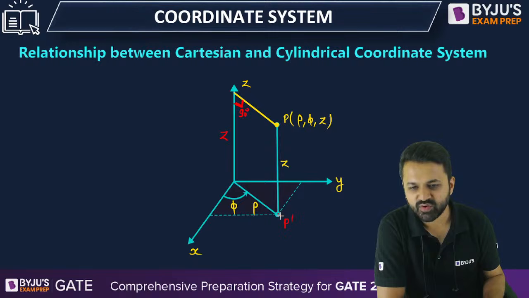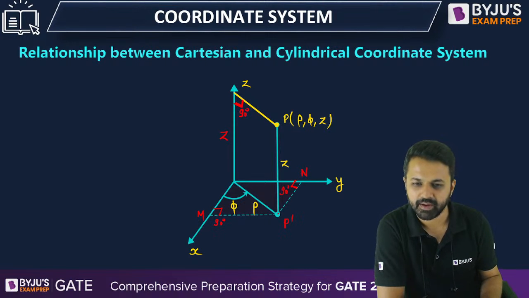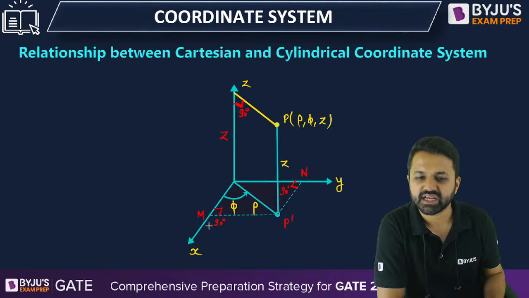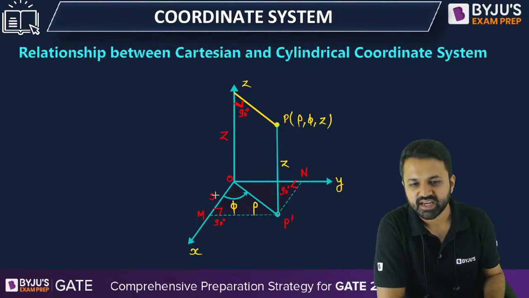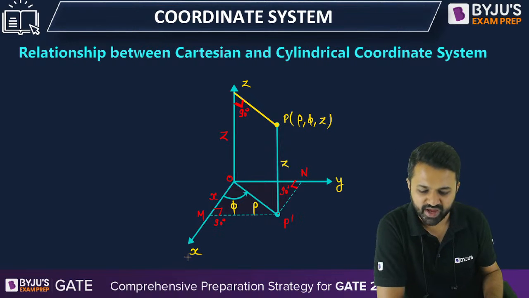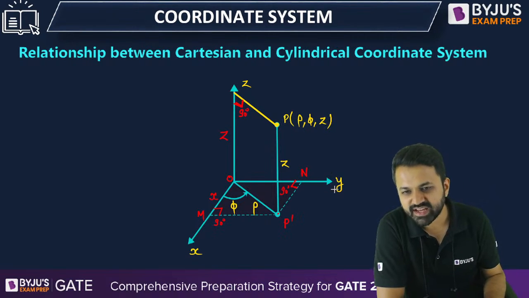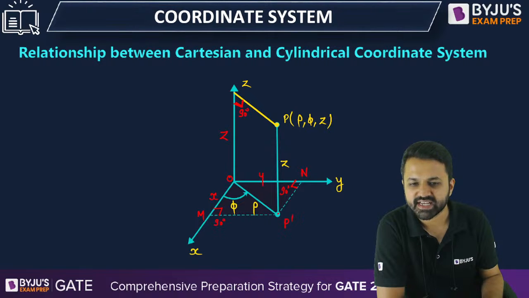Then we draw the perpendicular line to the y-axis and call it N, and we also draw the perpendicular line from point P dash to the x-axis and call it M. The distance measured from the origin in the x direction we call x, and in the y direction we call y.